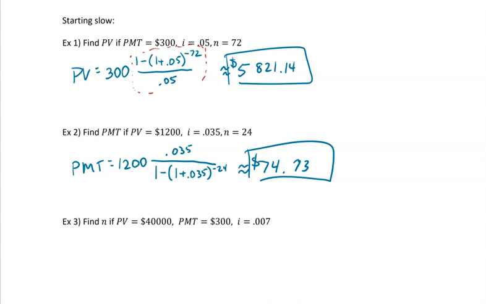All right, one more, solving for n. So n equals, there's a negative out front. On top, ln of 1 minus PV times I, where PV is 40,000, over the payment, which is 300, times I, which is 0.007, all over natural log of 1 plus 0.007.